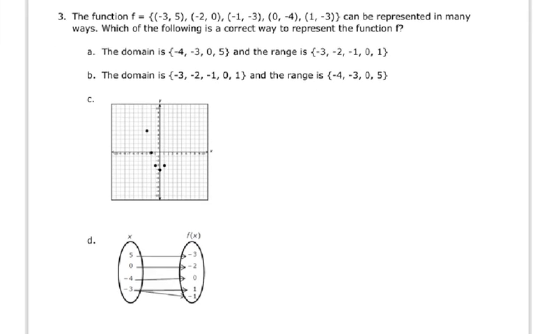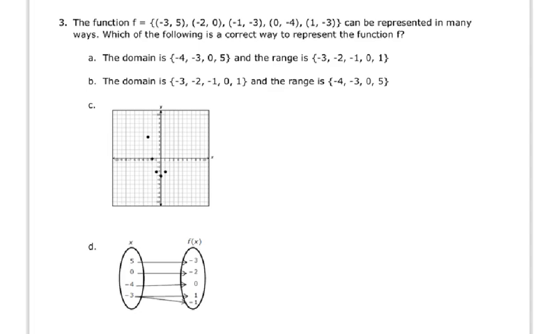Next. This looks difficult, but it is not hard. You just have to read it very carefully. It says the function f equals negative 3, 5, negative 2, 0, negative 1, 3, 0, negative 4, 1, negative 3. Can be represented in many ways. Which of the following is a correct way to represent this function f?